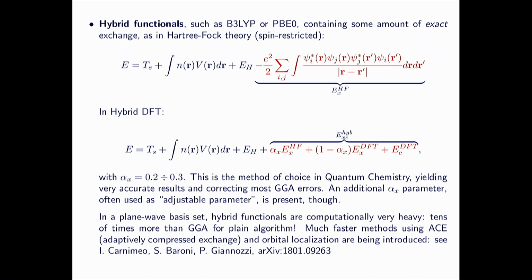Another approach that works quite nicely, but is also a little bit computationally heavy, is called hybrid functionals. Hybrid functionals derive from quantum chemistry. In the quantum chemistry world, the first reaction to DFT was, it doesn't work. For some good reasons, because it depends upon which kind of accuracy you are used to.